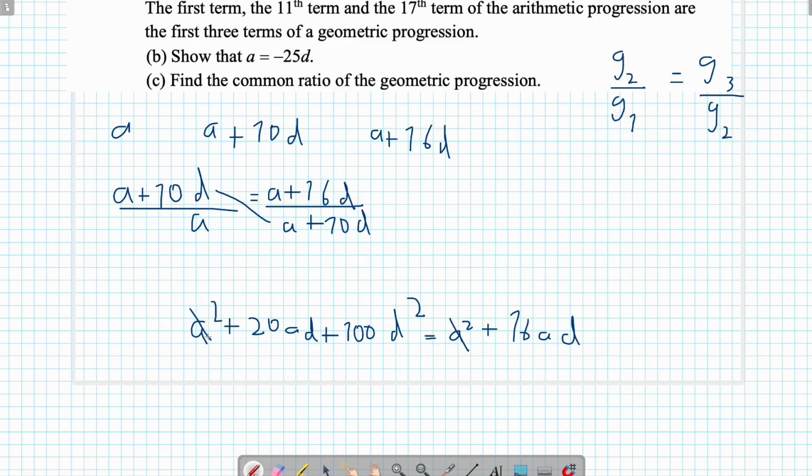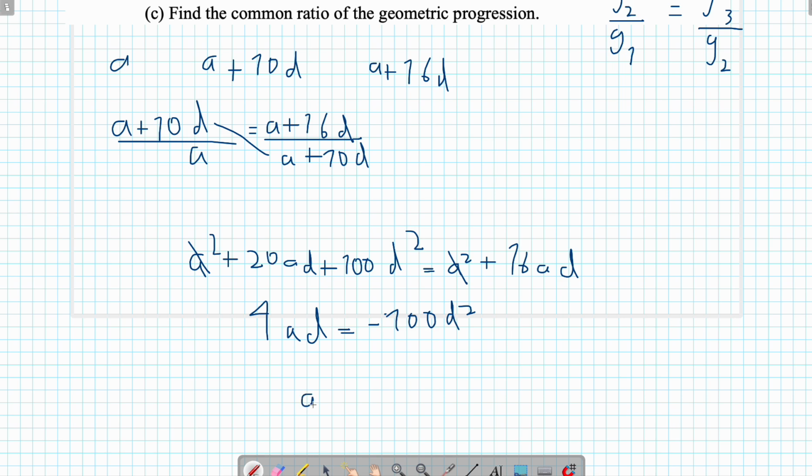You take the 16ad to the other side, and the 100d squared, you also switch it. We just want to keep everything with a on one side and everything with only d on the other side. So 4ad is equal to negative 100d squared. You divide by 4d on each side, you get a is equal to negative 25d.